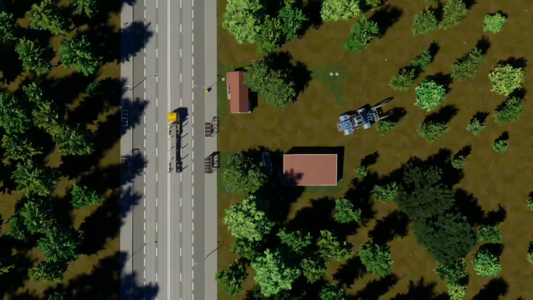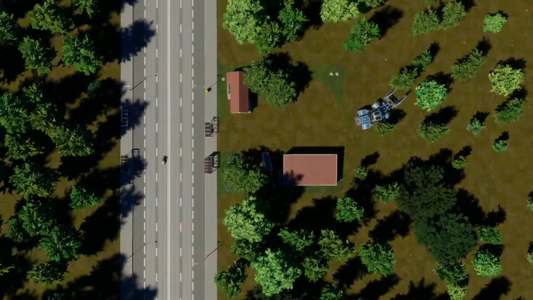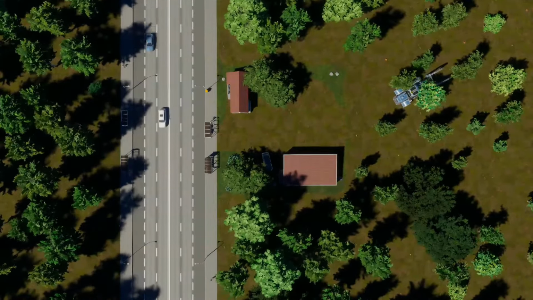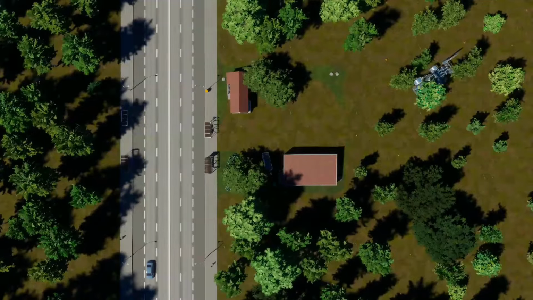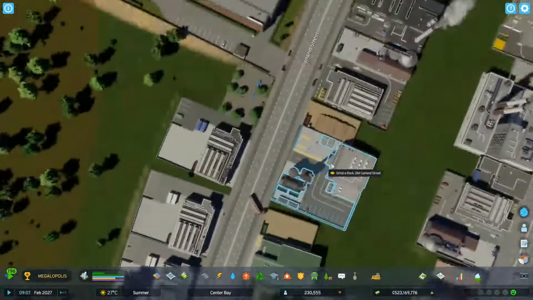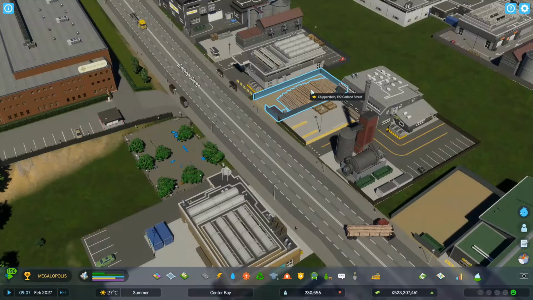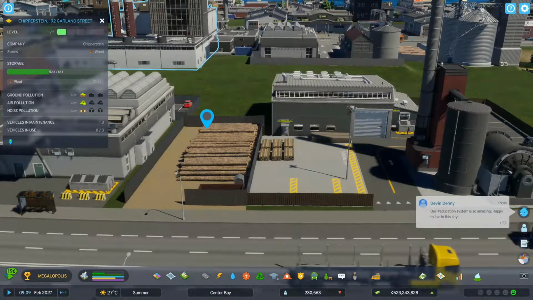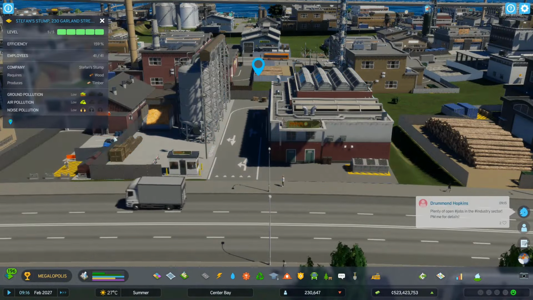Your industrial buildings use materials to produce products and then sell those products to generate profit. And the best way for them to get the materials is to source them locally. So, it's best to zone your industrial areas side by side with the natural resources, where you have built specialized industries, like the forestry district I have built here.